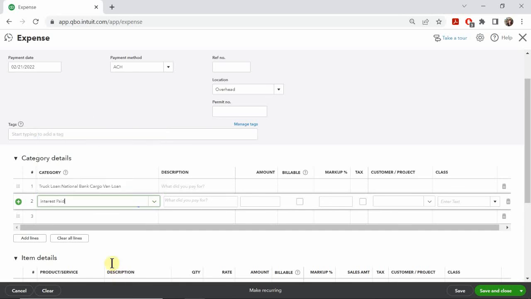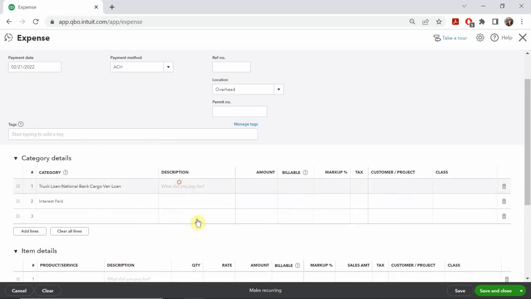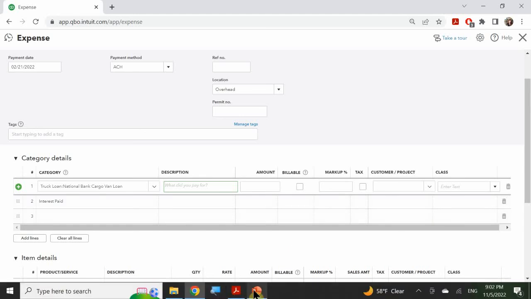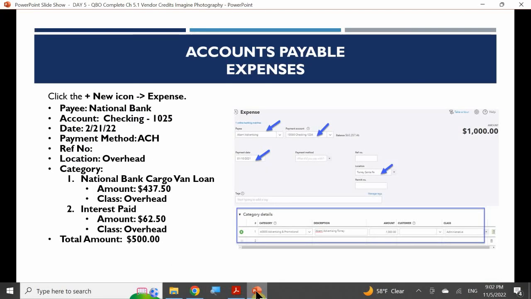So here's interest paid, okay? And then again, for your description, you can put your monthly payment on your loan. Again, this is for both stores, so it's going to be for overhead, or you could do it as admin, whichever one you have it as.